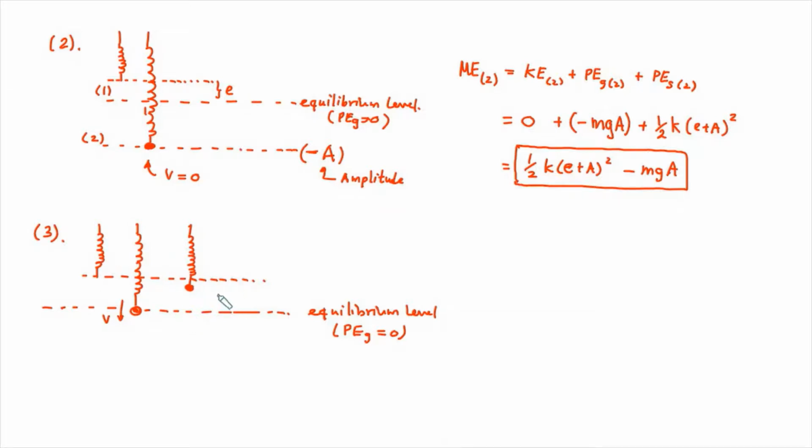And this separation is what we call, again, the amplitude. It corresponds to the amplitude of the simple harmonic oscillations. However, since it's above the equilibrium level, I am going to consider it as a positive A. Below the equilibrium level, it's considered as negative A. So again, at this point, the speed is going to be 0 because it has reached the maximum displacement. So again, this is that amplitude.